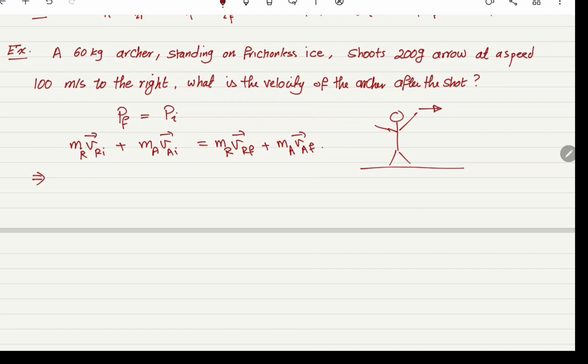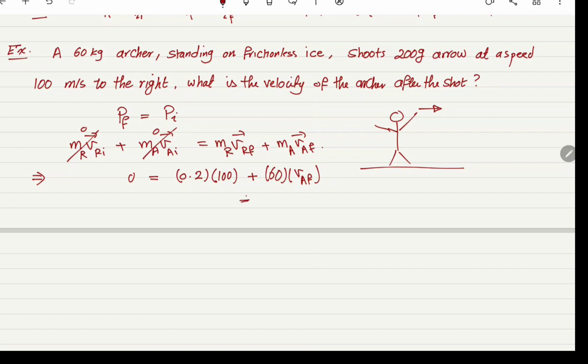And remember, before the archer shoots the arrow, both the archer and the arrow are at rest, which means the initial terms are 0. Now 0 equals mass of the arrow, 200 grams or 0.2 kilogram, times the final velocity of the arrow, which is 100, plus the mass of the archer, 60, times V archer final.